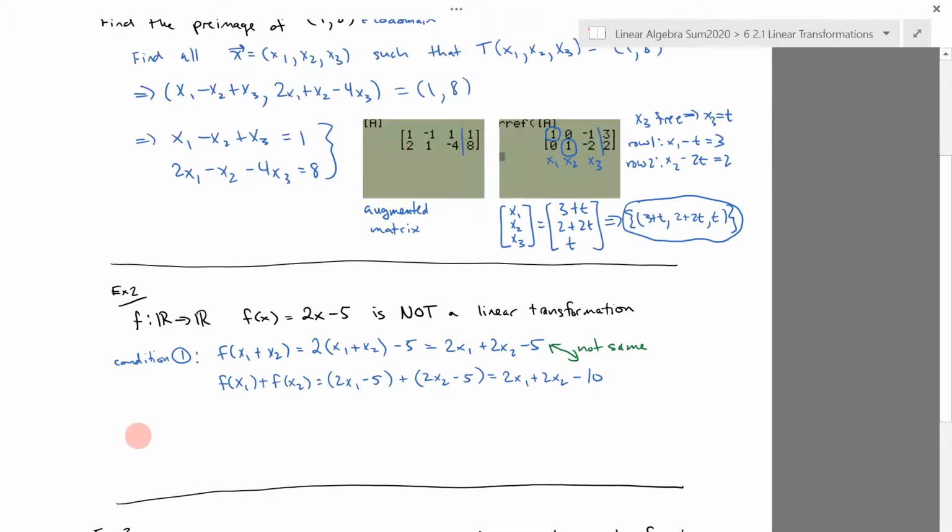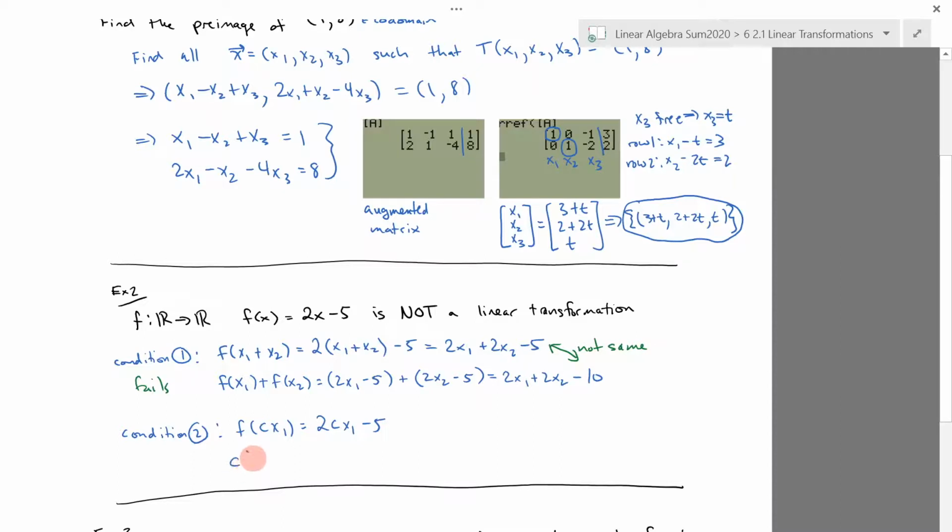What about condition 2? Okay, so now let's check condition 2. If I do the scalar multiplication like this, what do I get? I get 2c times x1 minus 5.